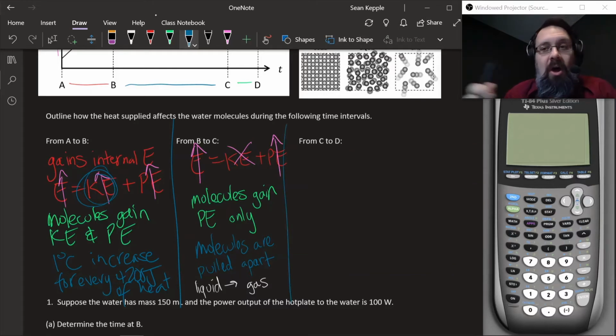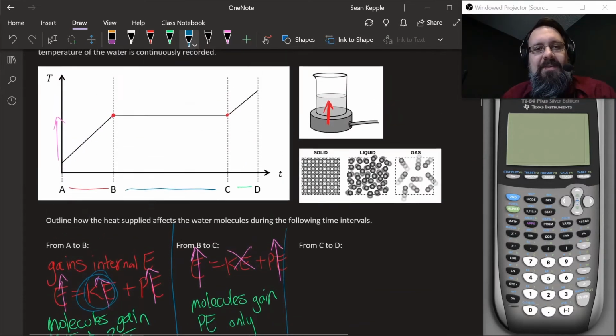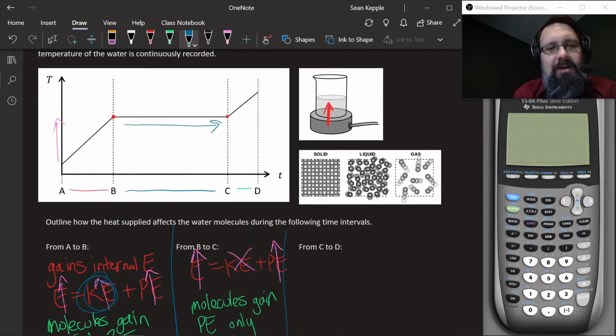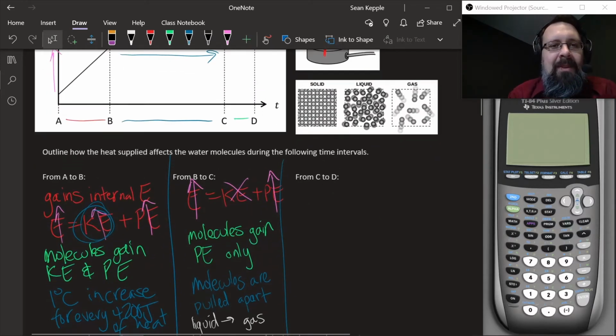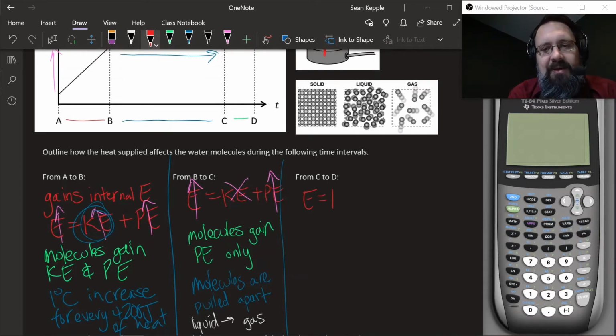Once all the water has changed its phase, once the last drop of water has been vaporized, now it's all gas, and the temperature can start to increase again. When a substance is in its gaseous phase, there's no longer any interparticle potential energy.